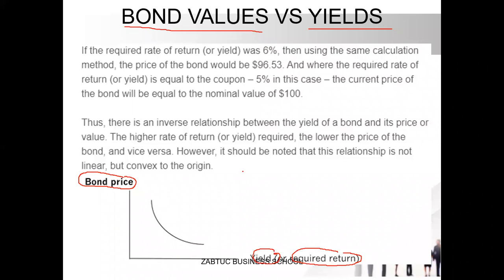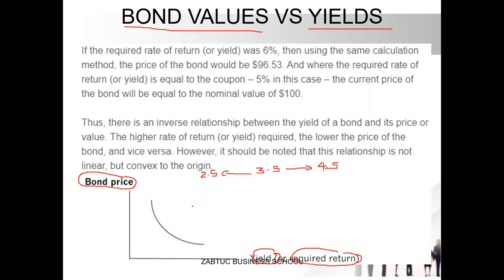Remember in our class last time, we tried to value, we started with the 3.5. We found the answer. Then we went to 4.5. We found the answer. We came to 2.5. We found the answer.